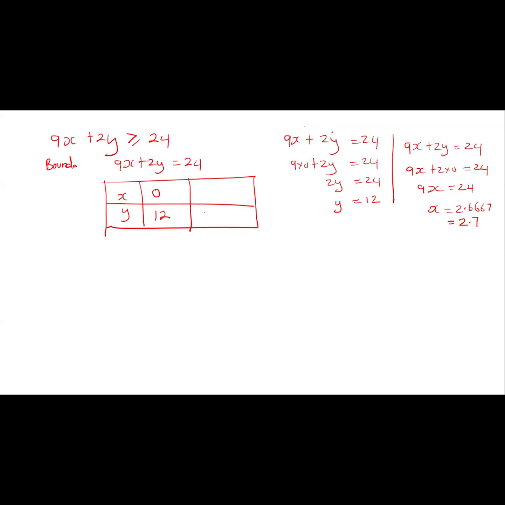Now, I want you to take note of this. I want you to always observe the coefficient, the value on y. The moment you find out that the value on y can go through the other value exactly, then that one is easy to solve.